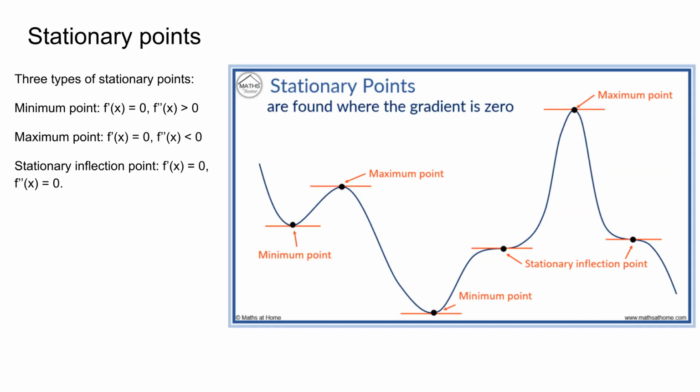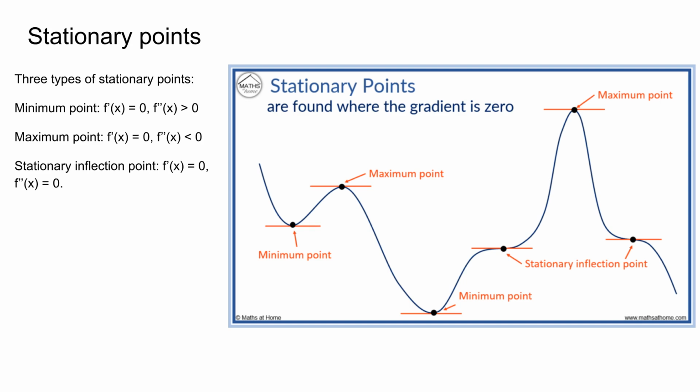Before we move on, I want to talk about stationary points. Stationary points is when the derivative equals 0 at that point. There are three main stationary points. Firstly, the minimum point where the first derivative equals 0, but the second is greater than 0.